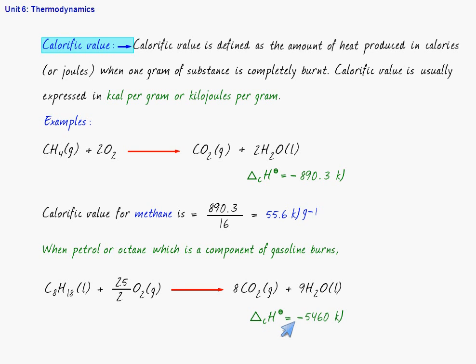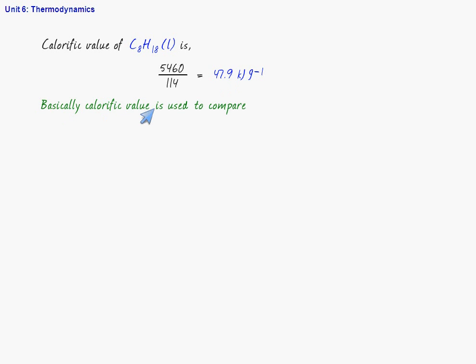So the calorific value of this octane is 5460 divided by 114, where 114 is the molecular mass. This is equal to 47.9 kilojoule per gram. Calorific value of methane is 55.6 kilojoule per gram. So basically, calorific value is used to compare the efficiency of the fuels.